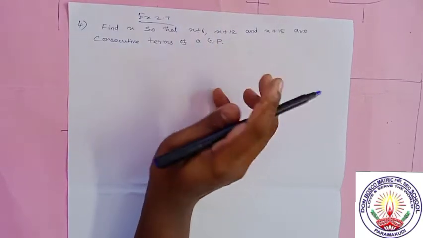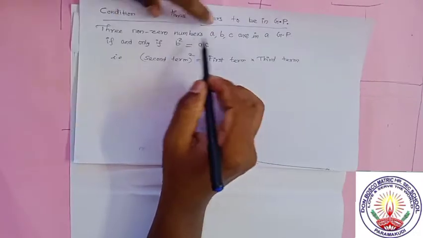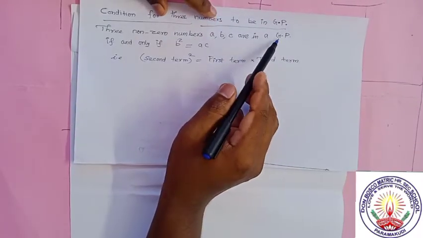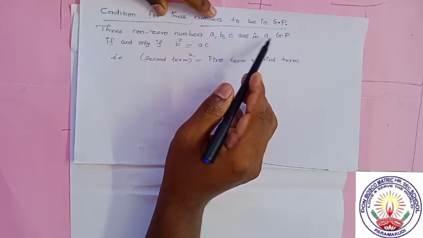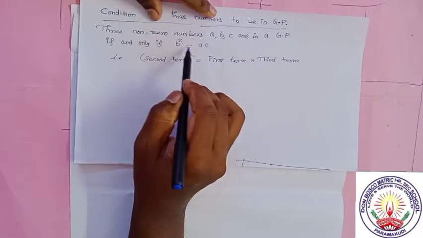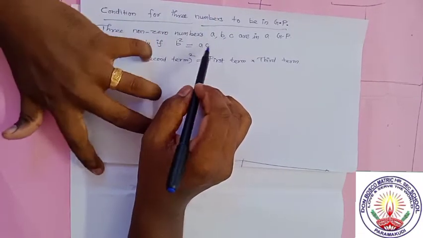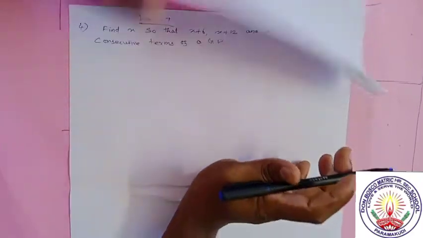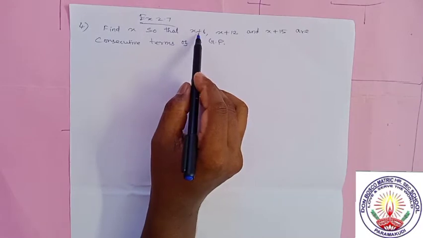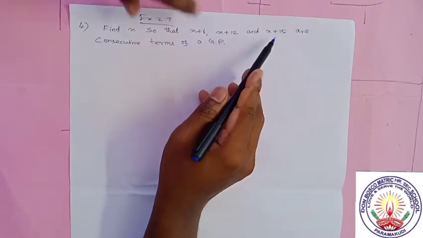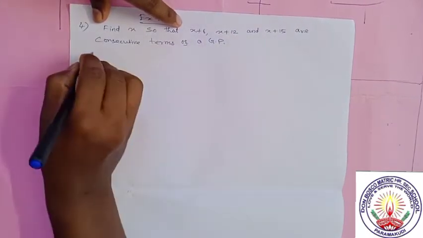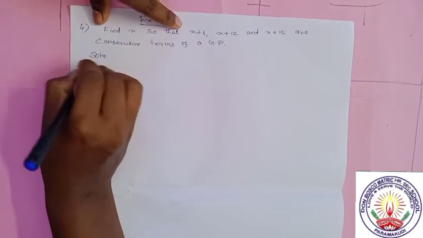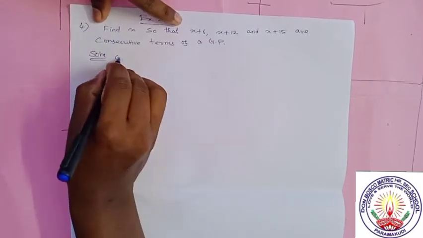Just now we have studied, if A, B, C are consecutive three terms in a GP, then B square is equal to AC. That means square of the second term is equal to first term into third term. Here the first term is x plus 6, second term is x plus 12, third term is x plus 15. So, solution. What is given?